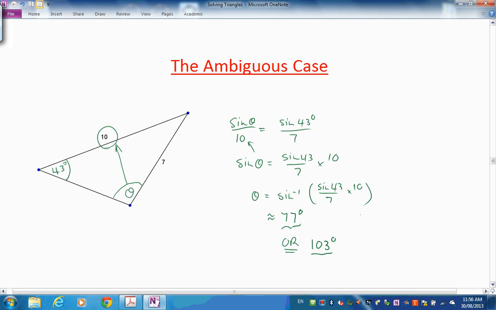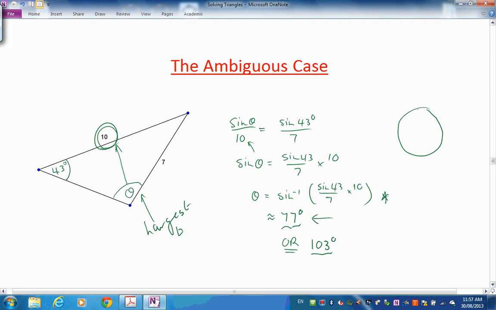Okay. Now, it looks bigger than 90, but we shouldn't be guessing. So this is called the ambiguous case. We shouldn't use the sine value to work out the largest angle. This is the largest angle because it's opposite the largest side. So when we do the sine rule on it, the calculator will always give us 77, the acute angle in the first quadrant.